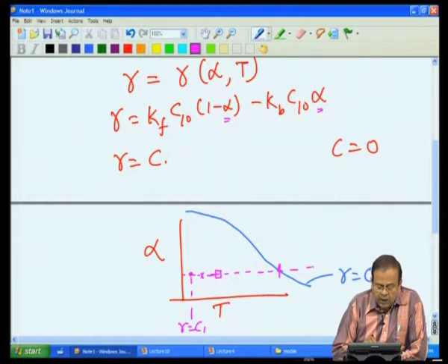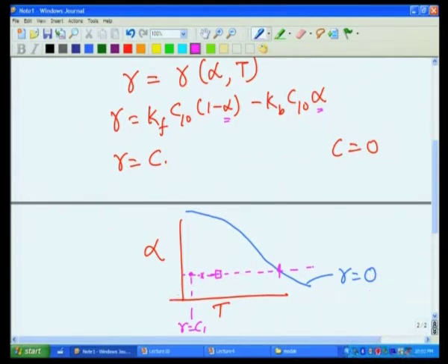Once again, I am looking at what will be my value of rate if I fix a value of alpha, so this horizontal line, and keep changing the temperature. So, at low temperatures I will have some rate which is of a low value. As I increase temperature, the rate will increase, primarily because the rate constant Kf is increasing.